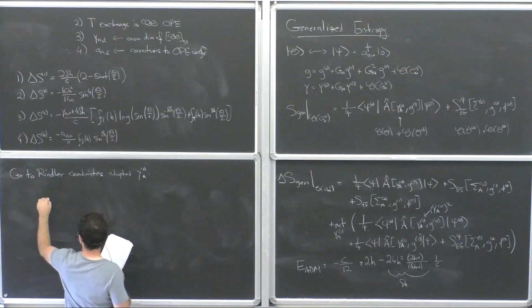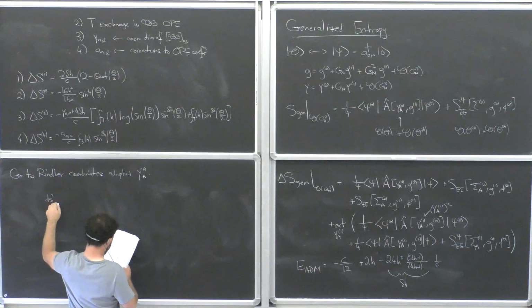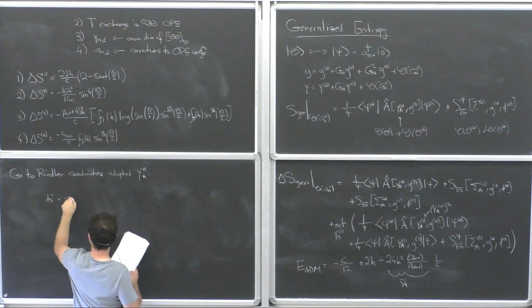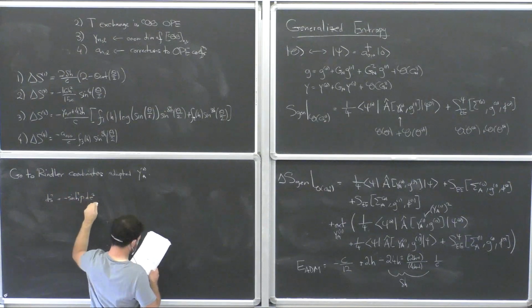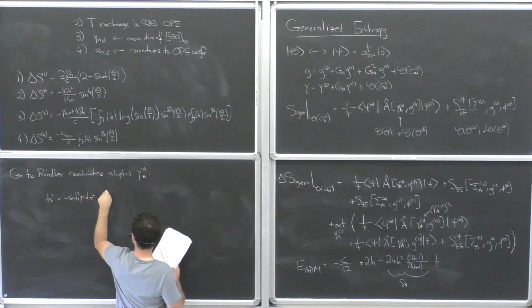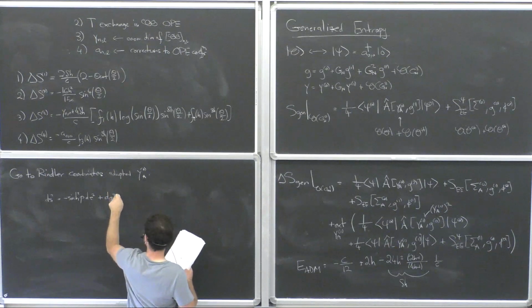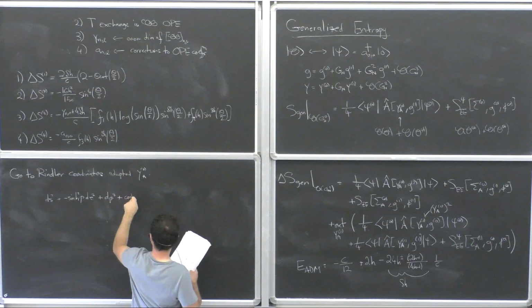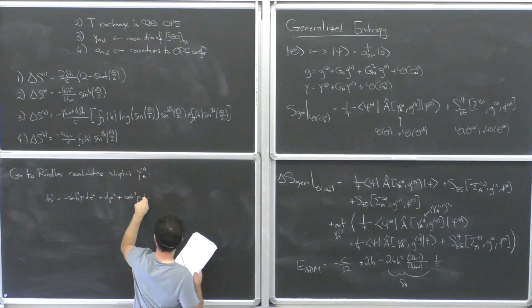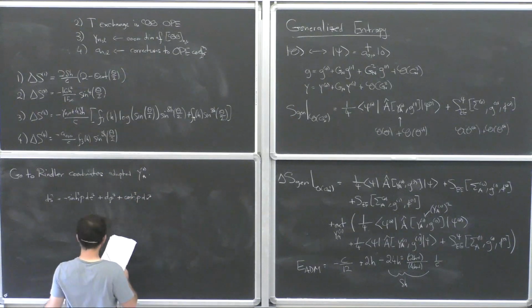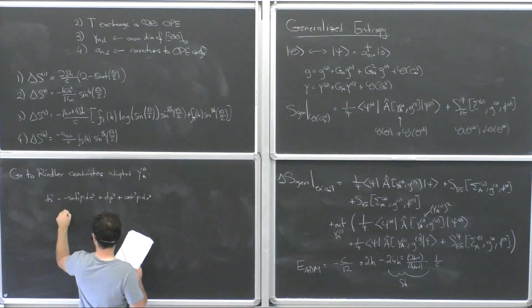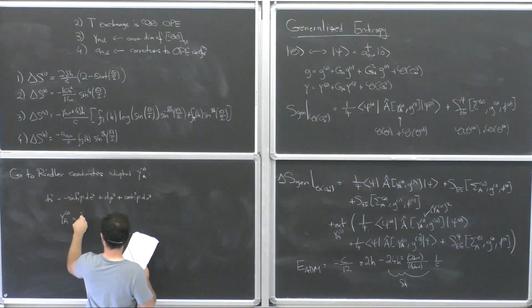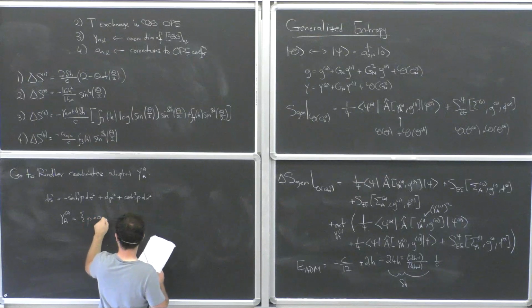Okay, so the metric takes this form, and in these coordinates, the classical extremal surface is just at rho equals 0.